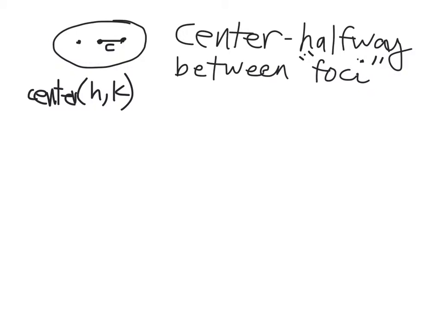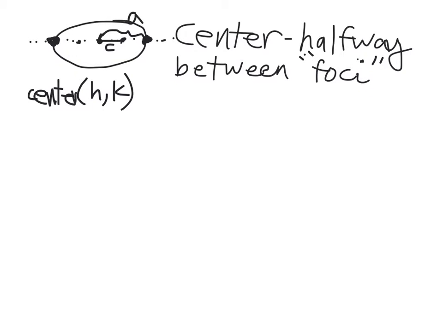Now, another couple of key points here. These points on the ellipse that are along the same line, the axis of symmetry, or what we call the major axis of the ellipse, those points will be important as well. And we will define from the center to one of those points as the distance a.